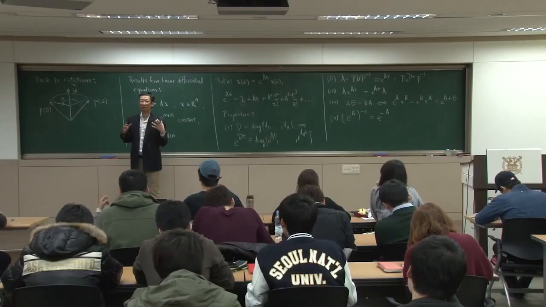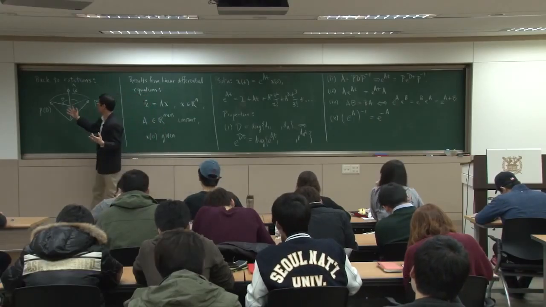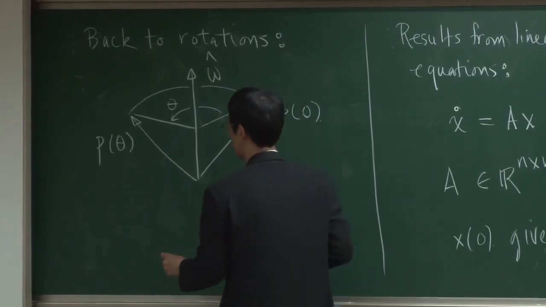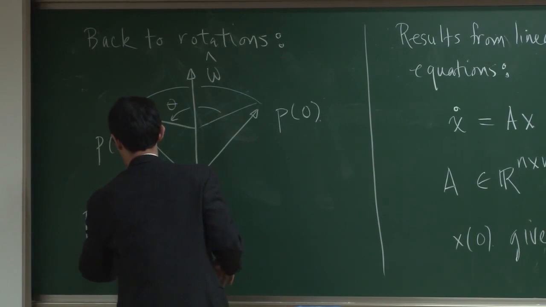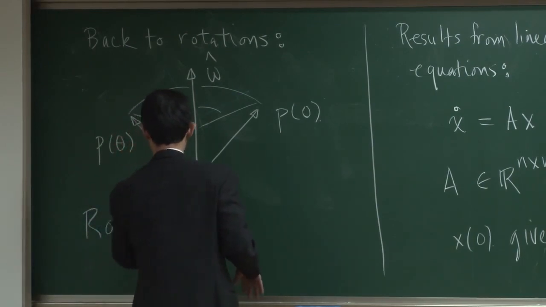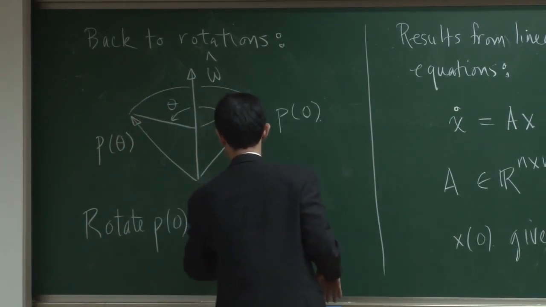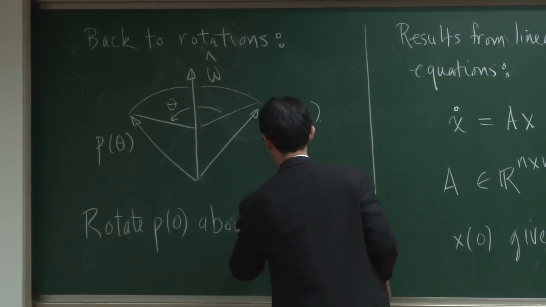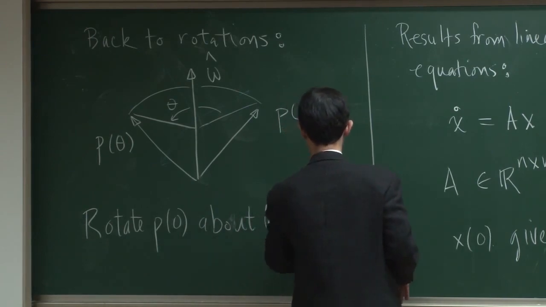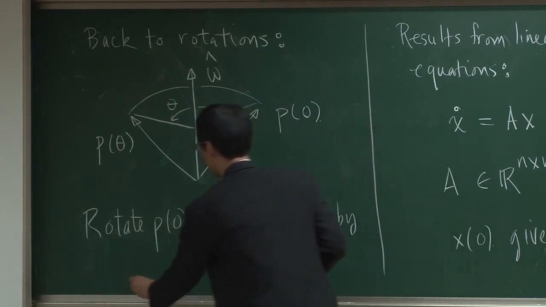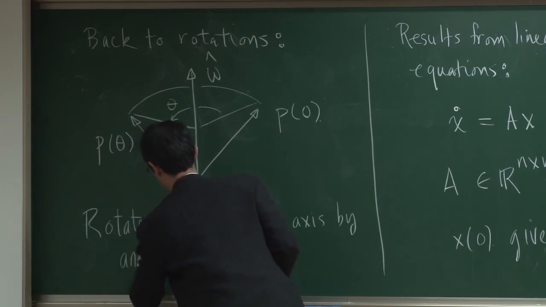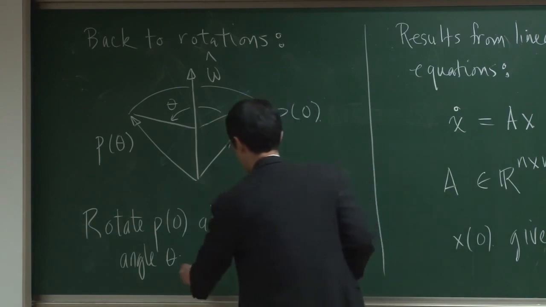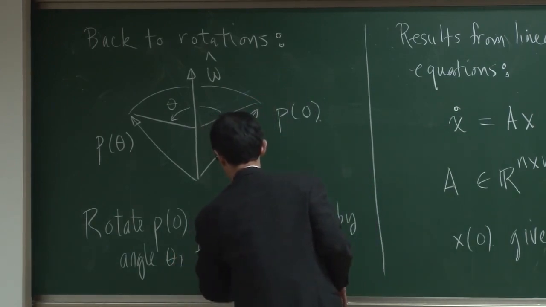Now, what I want is an explicit formula for p sub theta. So rotate p0 about the omega hat axis by angle theta, and this gives us p theta.